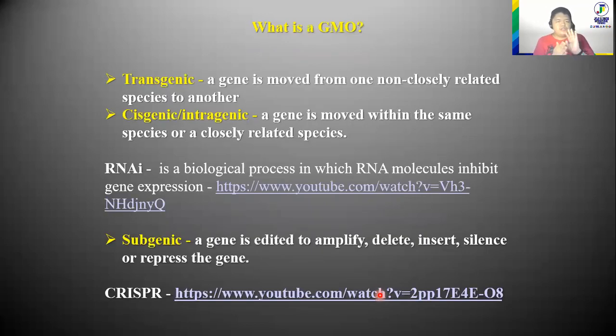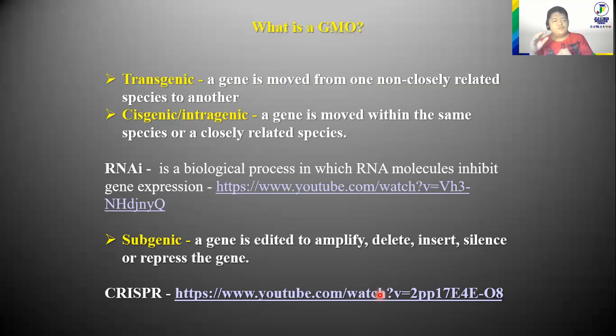I want to give you a point of view on the types of GMOs that we are talking about. There are three types of GMOs. We have transgenic, wherein a gene is moved from one non-closely related species to another. Second is cisgenic or intragenic, which means a gene is moved within the same species or closely related species.